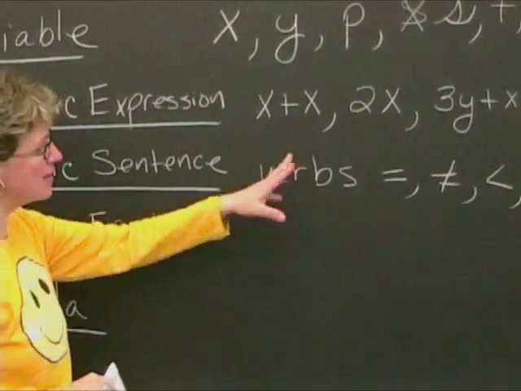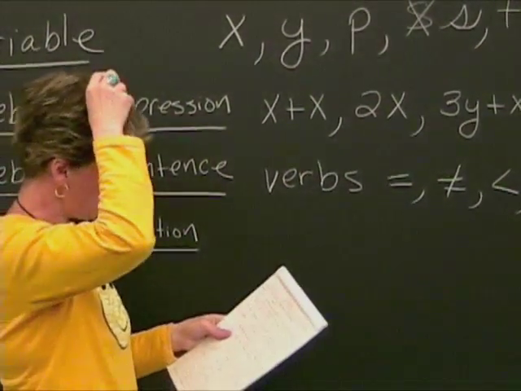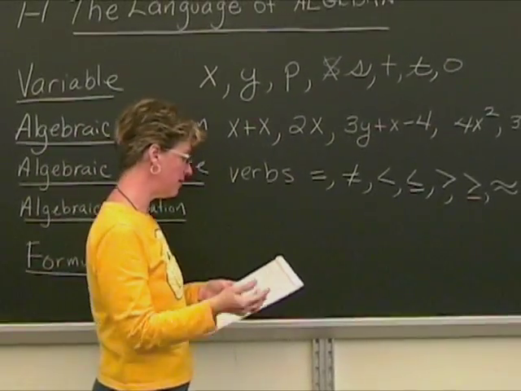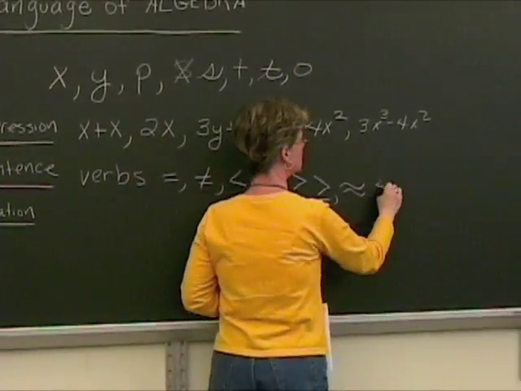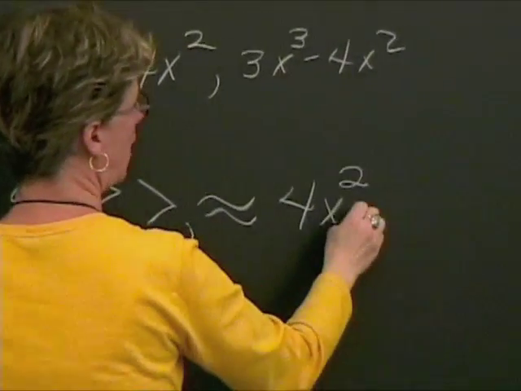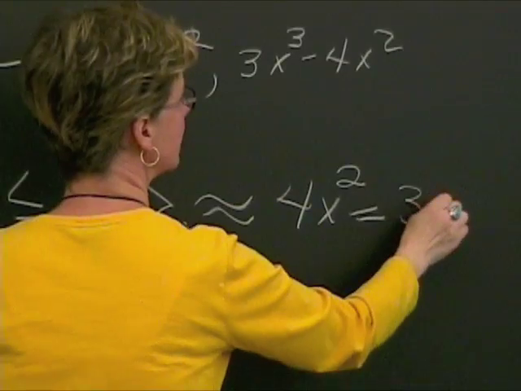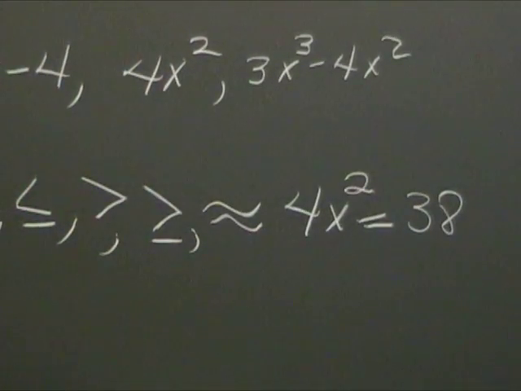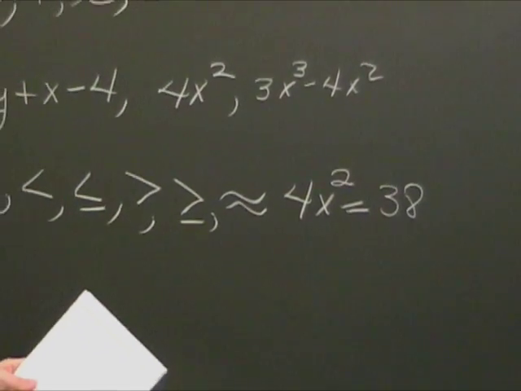So if we start putting some of these verbs in, we can get things that look like, how about this? 4x squared is equal to 38. Okay. This is now a sentence that can actually be solved.